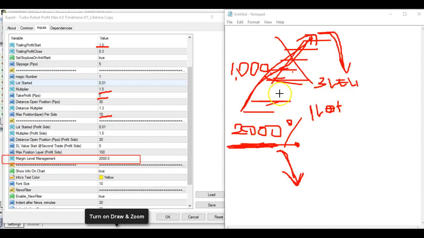Then you will wait for the market to reverse back. Once the market reverses back, it can open new trades. So everything will be automated.